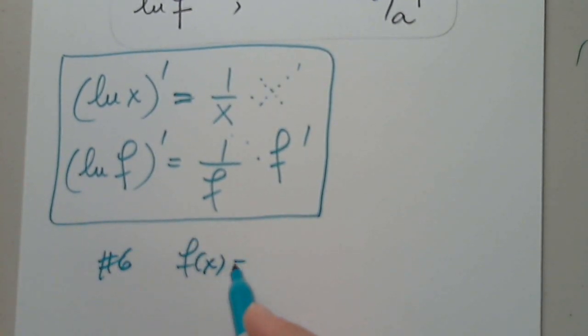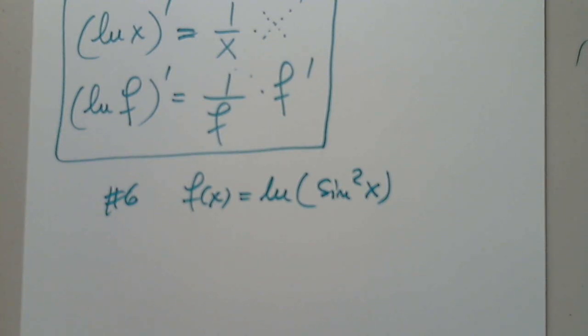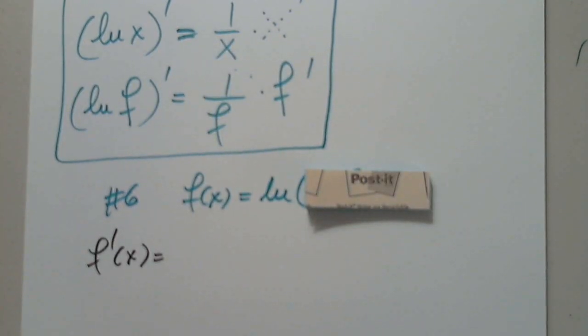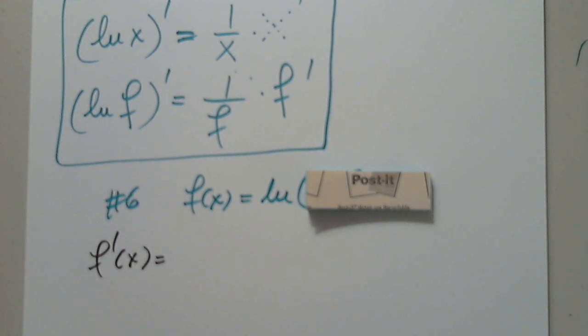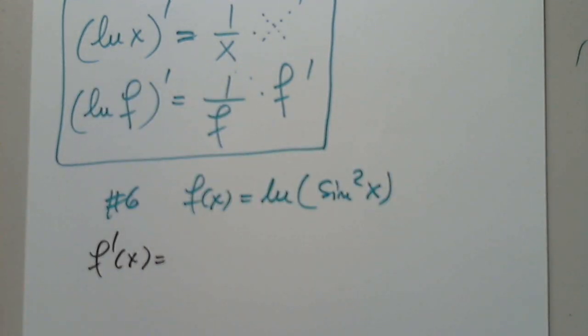So we have f of x equals natural log applied to sine squared. Awesome. Good pick. Okay. So let's differentiate. F prime. Natural log of a function prime. How do I write this? One over sine x squared.